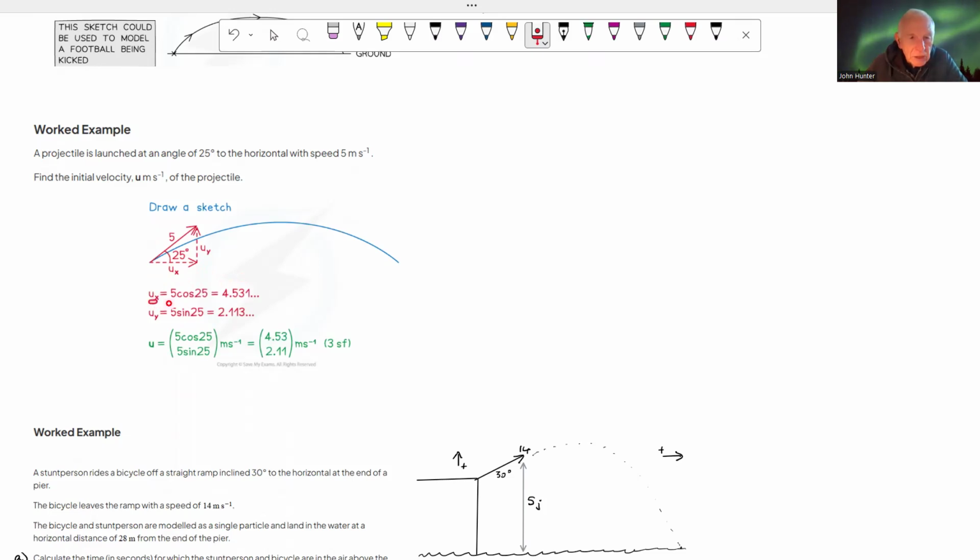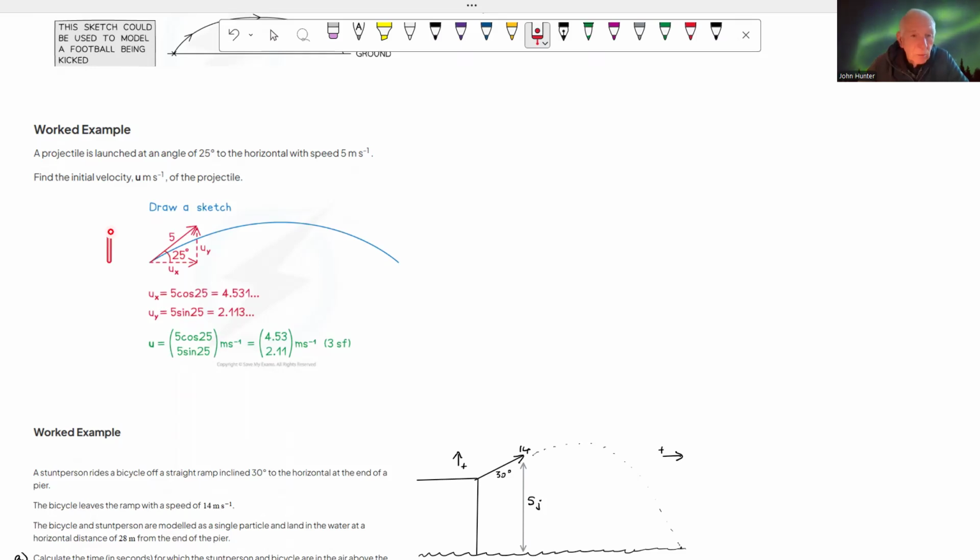Here ux is 5 cos 25, which is that, and in the vertical direction it's 5 sin 25, which would be that. So we can describe this vector as 5 at an angle of 25 degrees, or in component form, those two bits we've just worked out, as decimals.